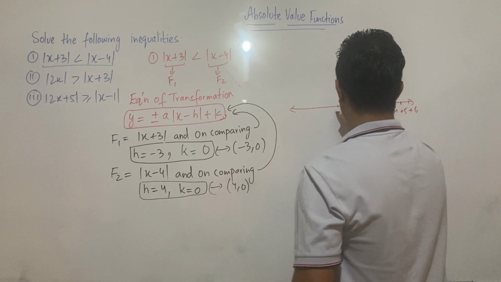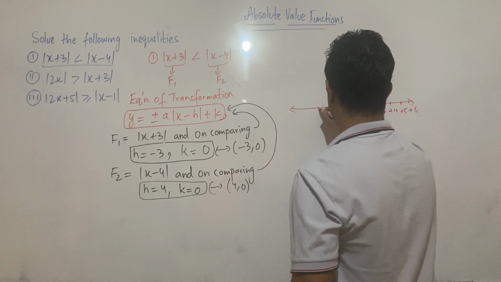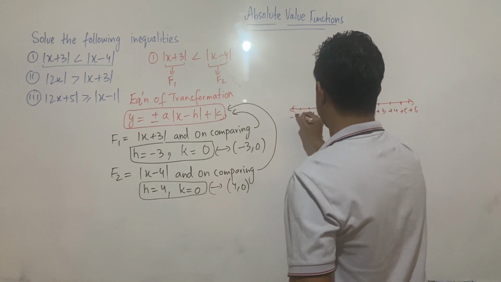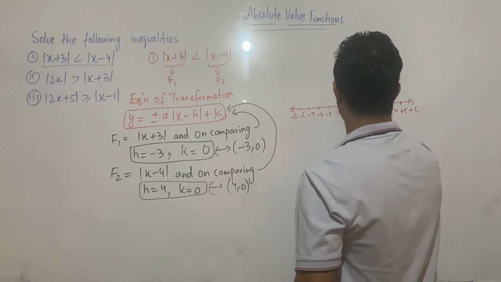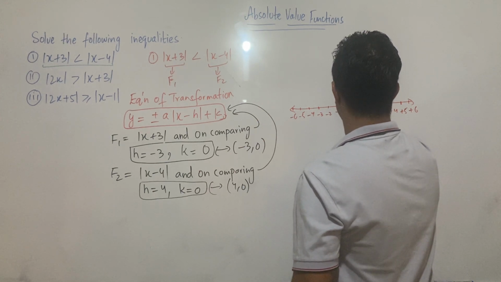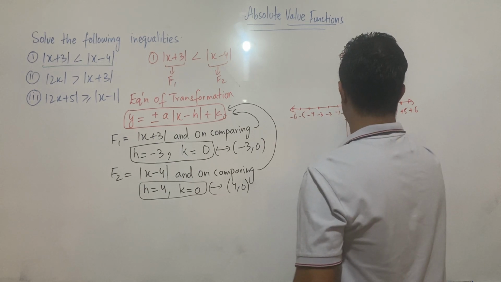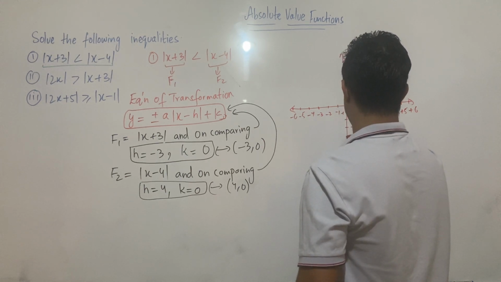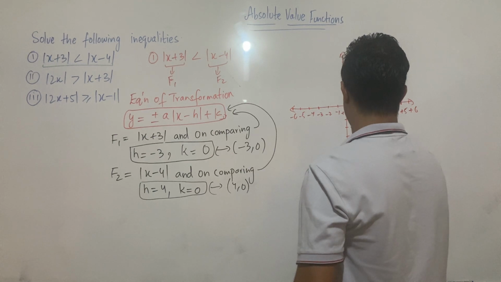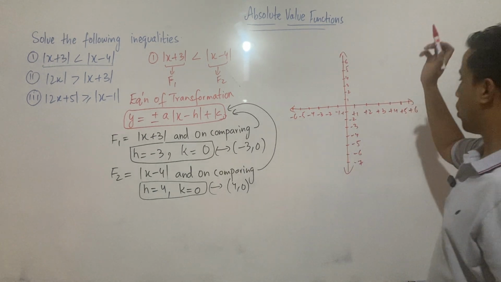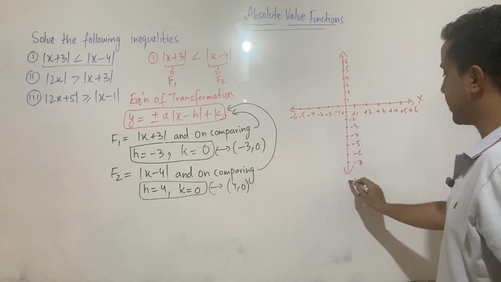And on this side, -1, -2, -3, -4, -5, -6. This is 1, 2, 3, 4, 5, 6 on the y-axis, and this is -1, -2, -3, -4, -5, -6, -7. Okay, and so on. This is x-axis, this is y-axis.